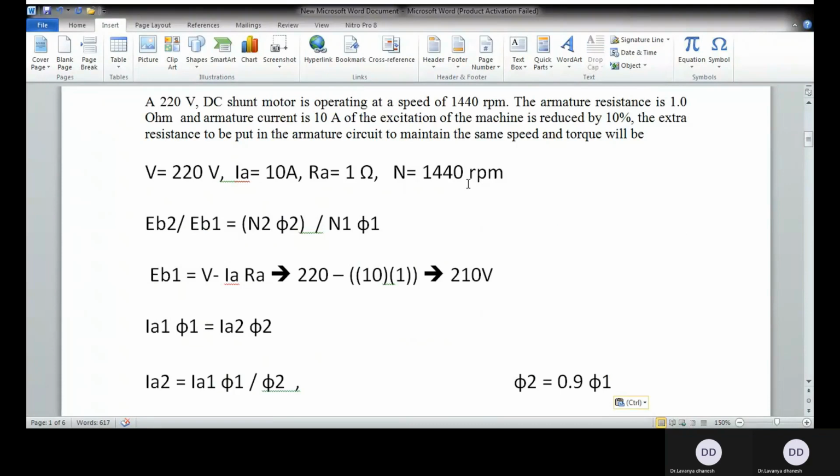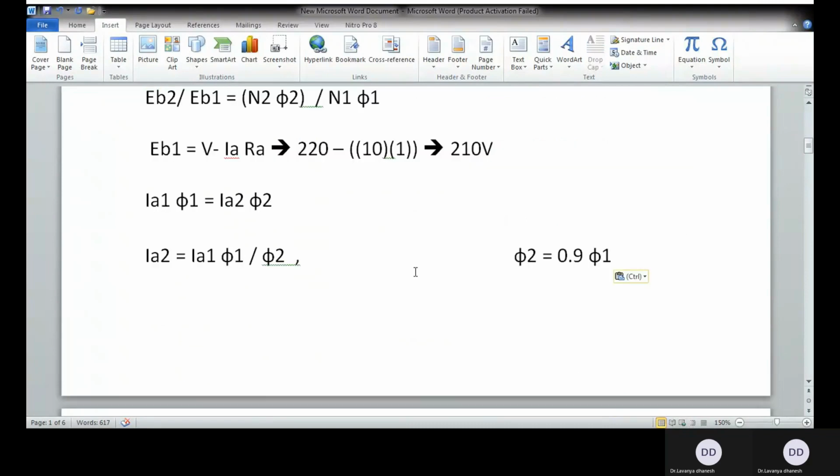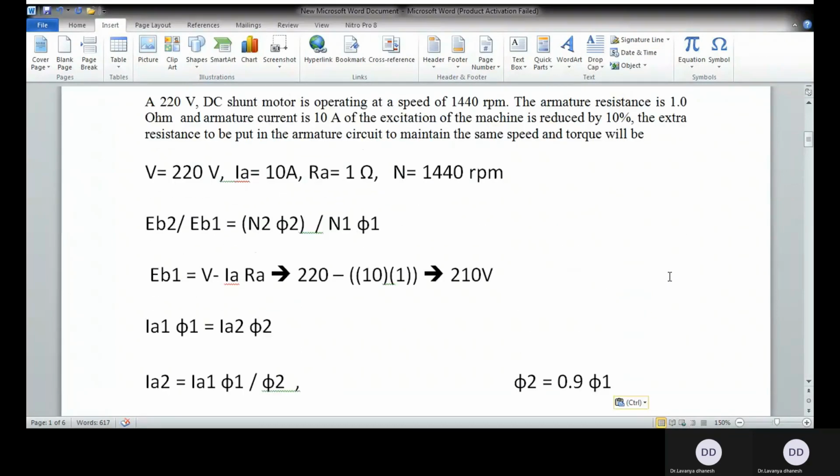So I have these values, you have to substitute. Okay, so here 10 by 100, 0.1. So you are just taking the value of the relationship between phi 1 and phi 2. So 10 means 10% is 10 by 100. So what you will get for 10 by 100? 0.1, okay.